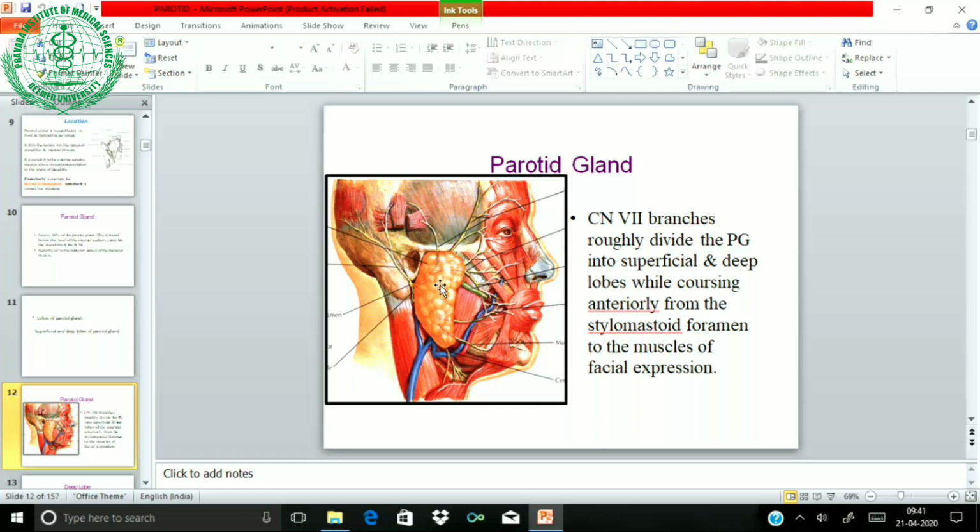Deep to the parotid gland, this is the facial nerve, which gives rise to different branches which arise deep to the anterior aspect of the parotid gland. So these are the branches of the facial nerve which arise deep to the parotid gland, shown in this PPT.